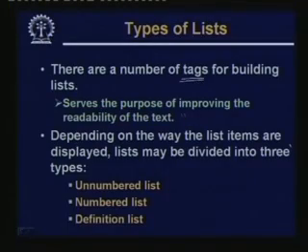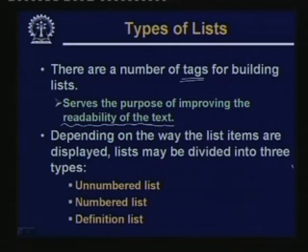So, the visual impact of the document plays a very big factor in comprehending the content. Lists are one of the ways in which you can have some structure visible in the document which can be understood quite easily. The primary purpose is, as I mentioned, to improve the readability of the text that you are formatting.